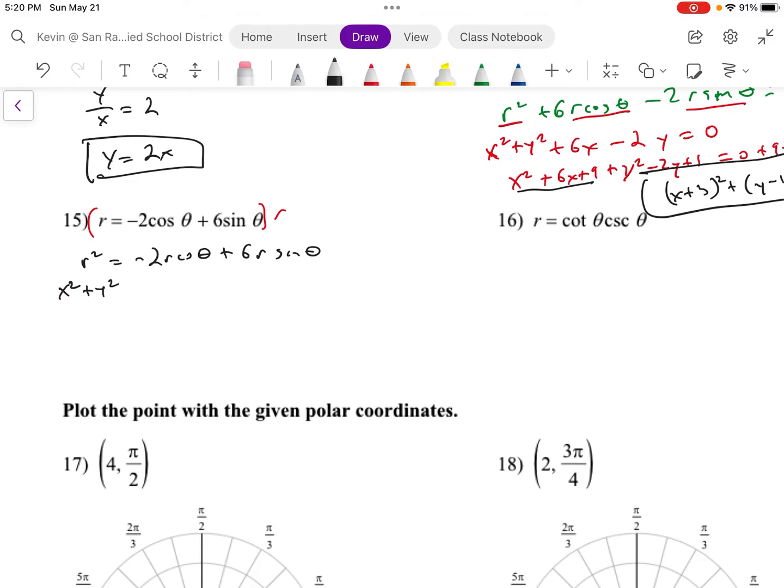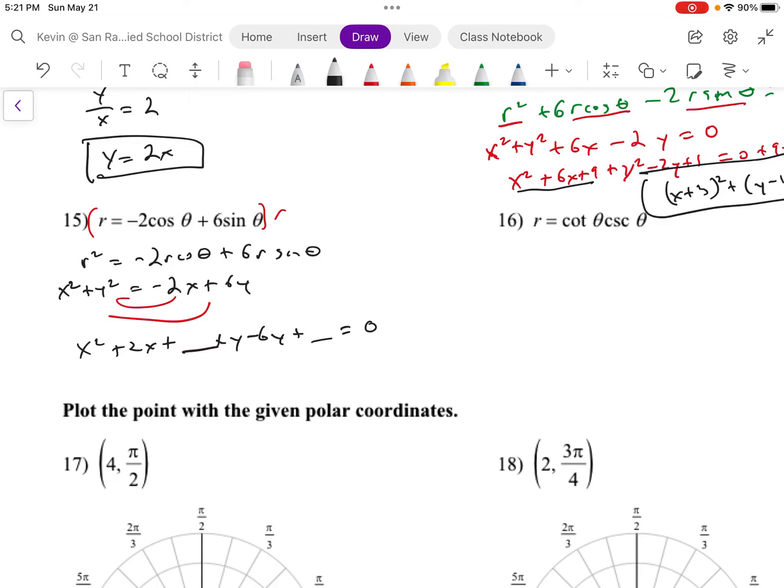Go x squared plus y squared equals negative 2x plus 6y. Bring that stuff over. x squared plus 2x plus something plus y squared minus 6y plus something equals 0.